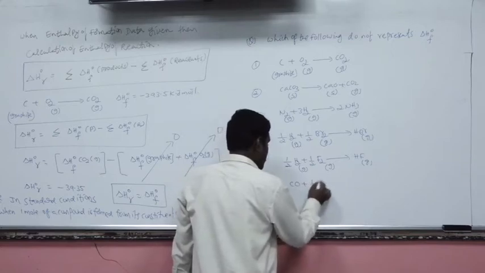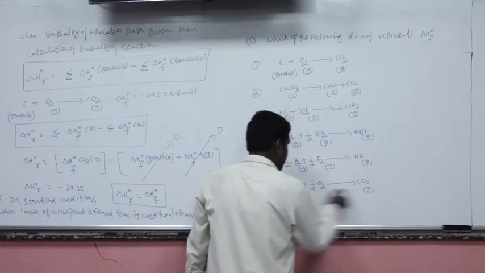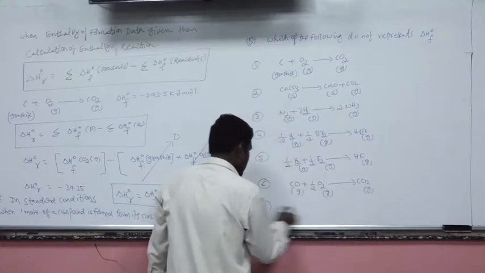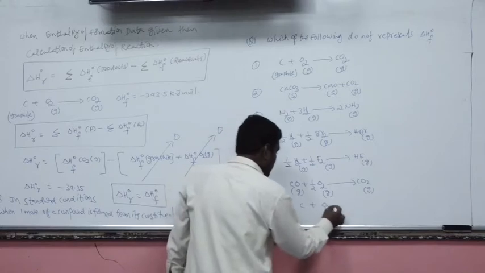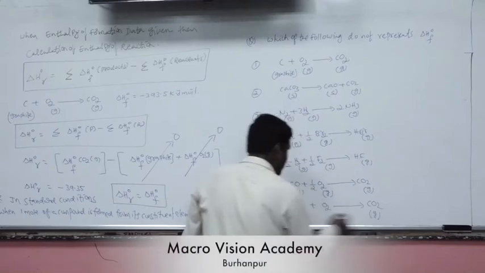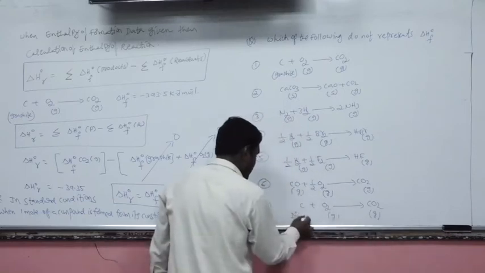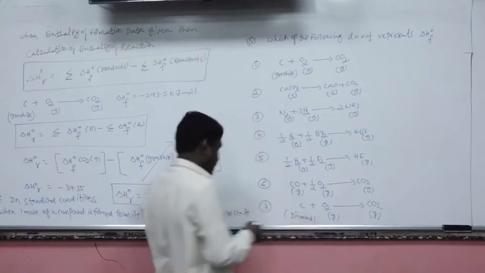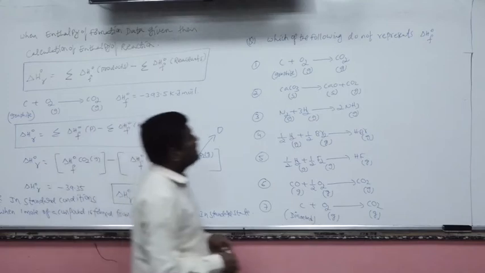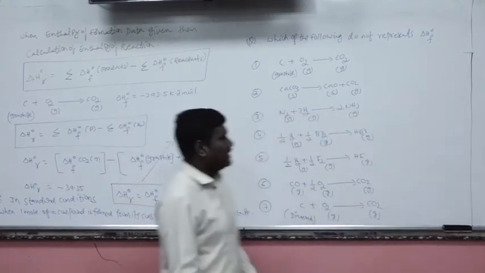CO plus half O2, CO2. C plus O2, CO2, C dimer. Now, out of these 7 reactions, which do not correspond to enthalpy of formation in the standard condition.